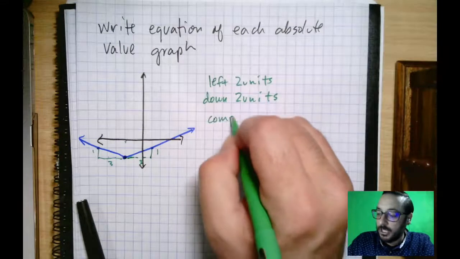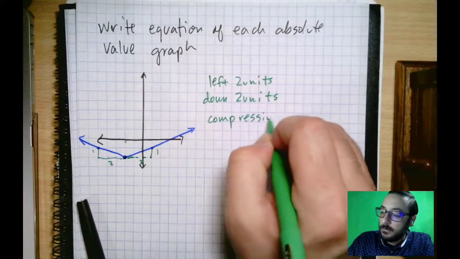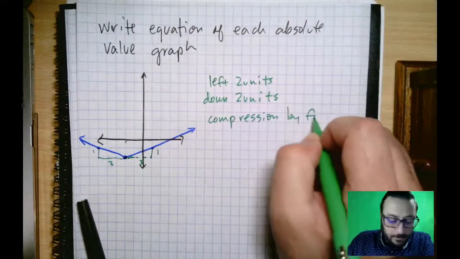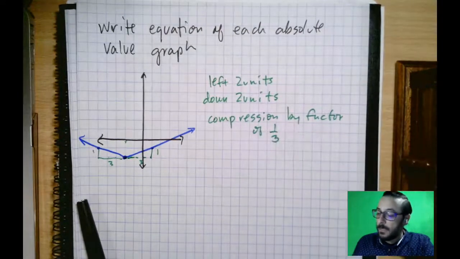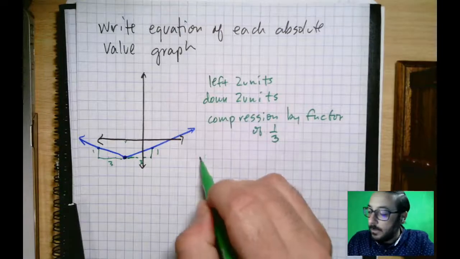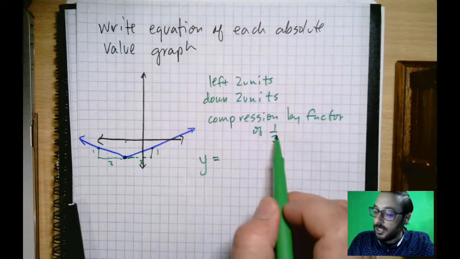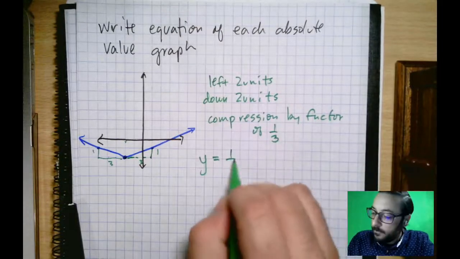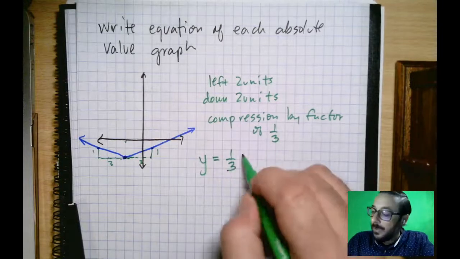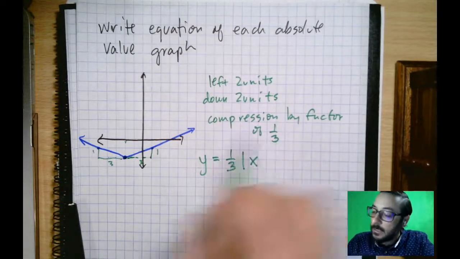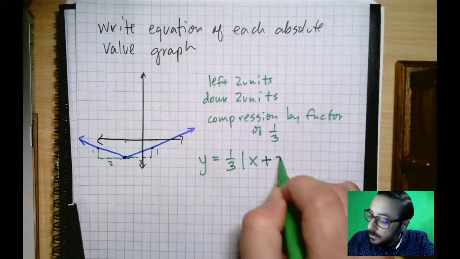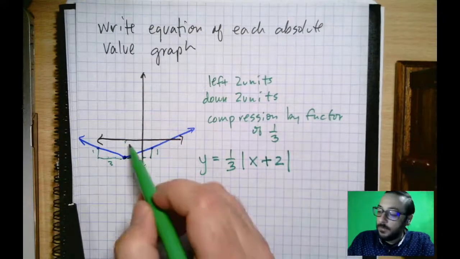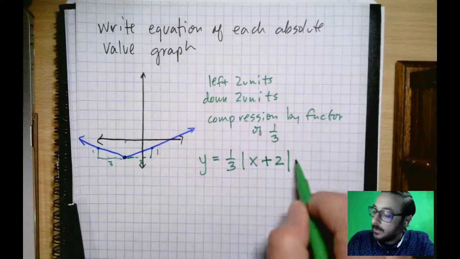So there's a compression by a factor of 1/3. And so we can just write the equation from that. The compression is 1/3, then we have the absolute value of x. Now it was moved to the left, so that means this is +2. And then it was moved down 2 units, so this is -2.